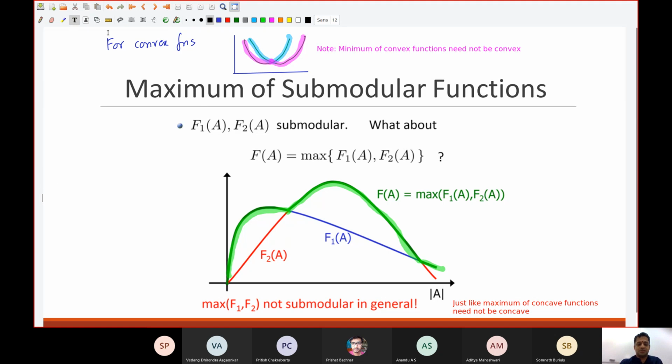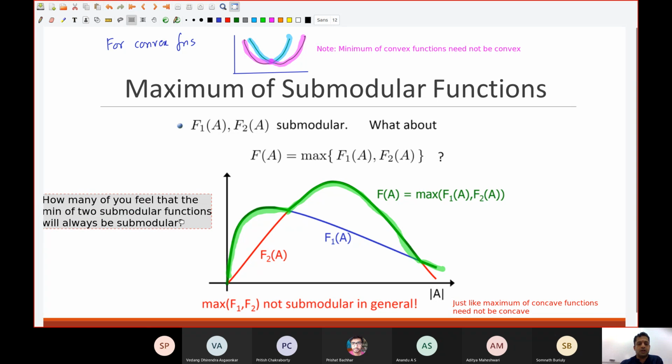Let me ask the question. How many of you feel that the min of two submodular functions will always be submodular? Anyone else? You don't feel so?